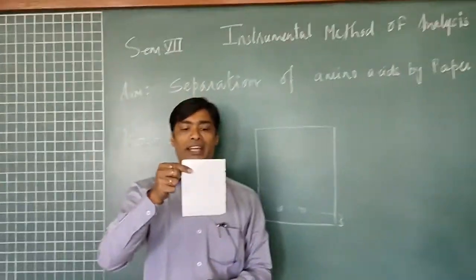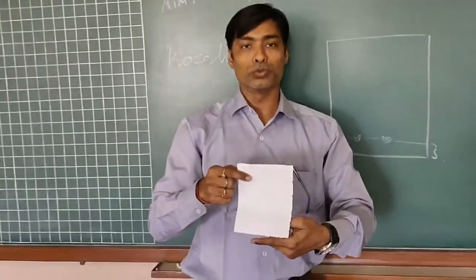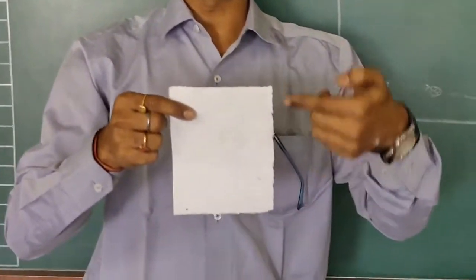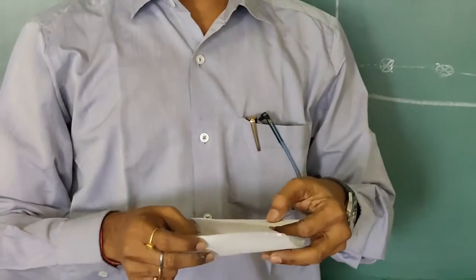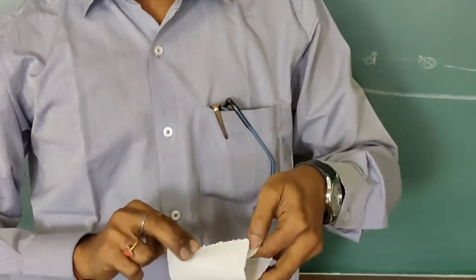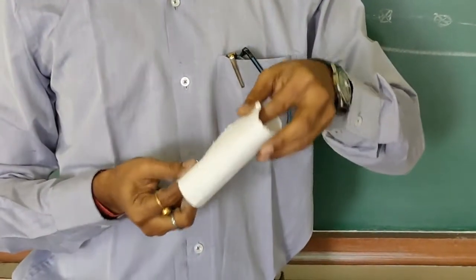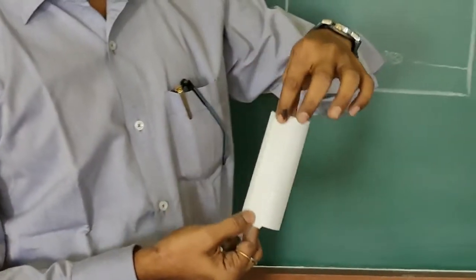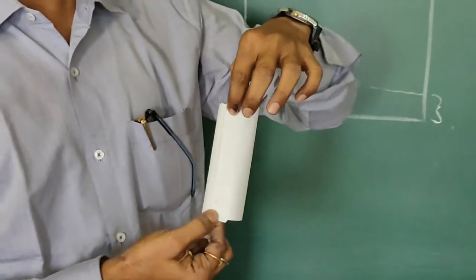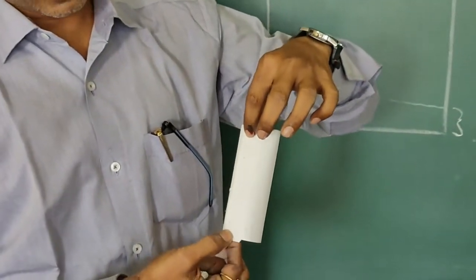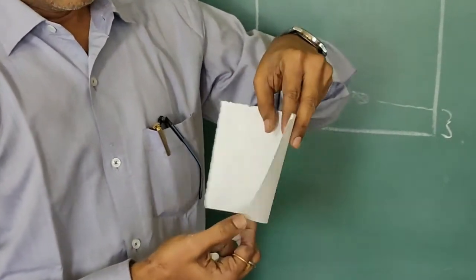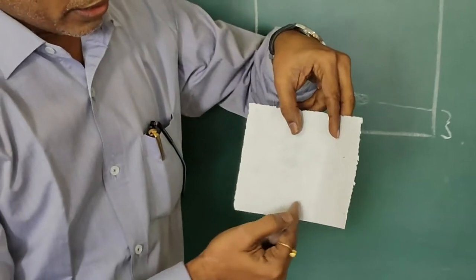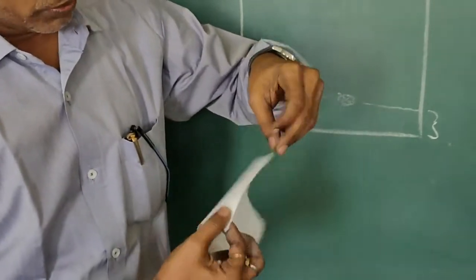If I try to hang it like this, the paper may fold from the bottom once it gets wet. Since the chamber is round in shape, I will fold this paper in such a way that the two ends are stapled at this end, and the spots should lie in this central area.